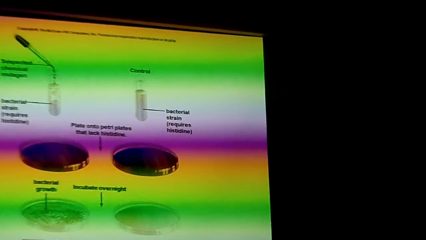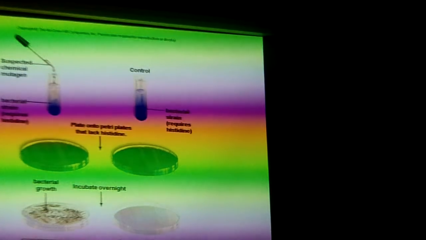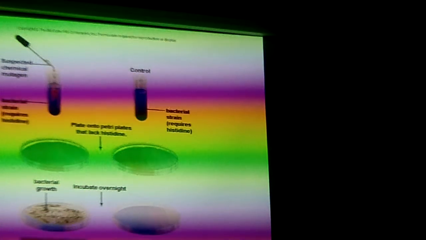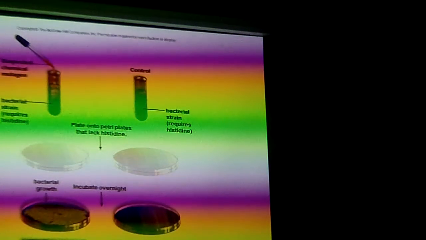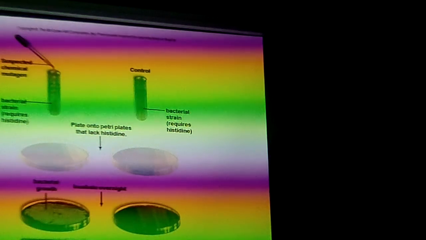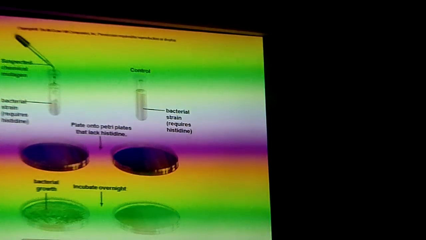Now remember, the DNA code is read 3 letters at a time. So I want you to read this sentence 3 letters at a time. The cat ate the rat. The cat ate the rat. Makes perfect sense, doesn't it?